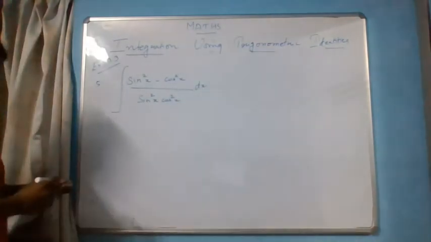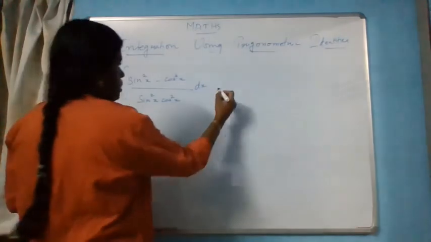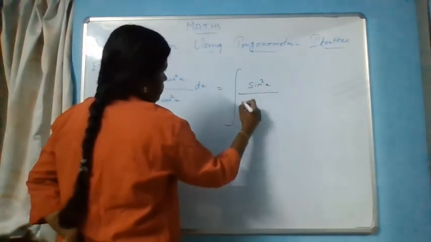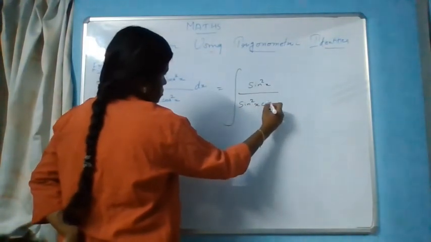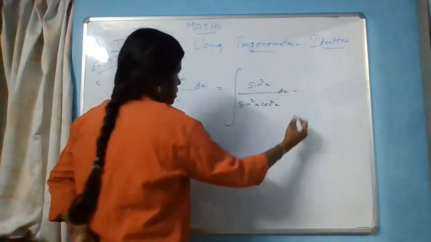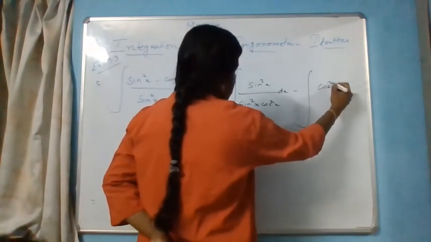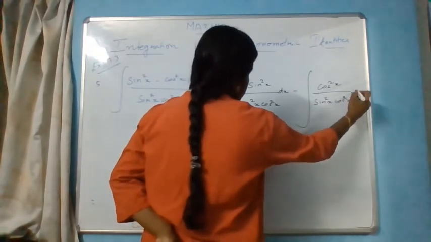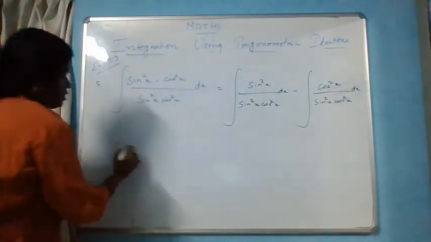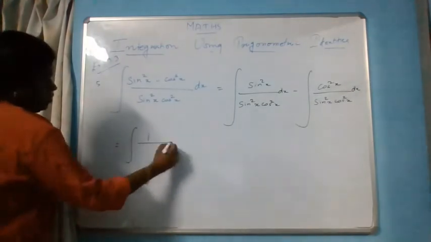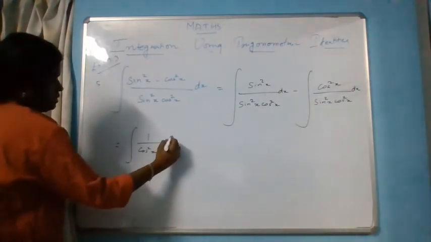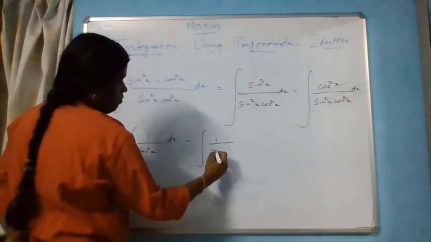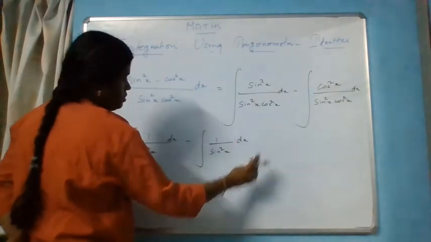Just a 2-mark question which can be asked. So what you do immediately, you split into two terms: sin squared x by sin squared x cos squared x dx, minus once again cos squared x by sin squared x cos squared x dx. So what happens next? The sin squared x gets cancelled. You will be left out with 1 by cos squared x dx, and then cos squared gets cancelled. You will be left out with 1 by sin squared x dx.